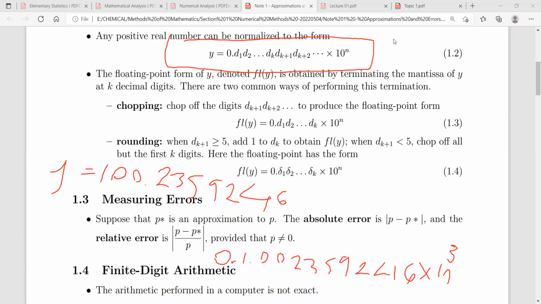There are limitations in the number of digits a computer can handle. So the computer terminates the digits at some point, after some number of digits.